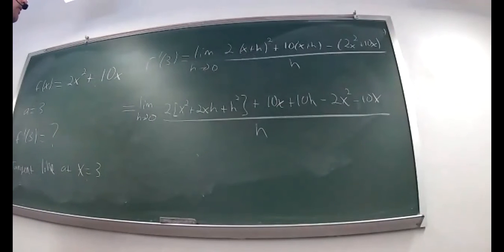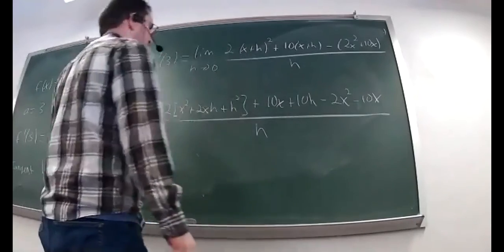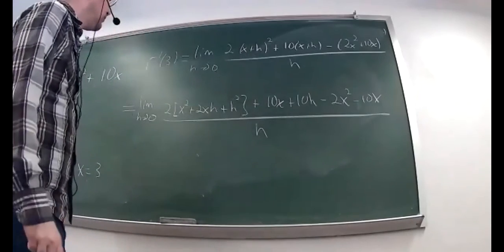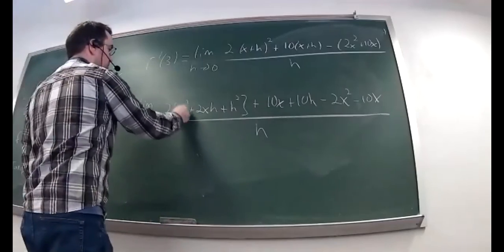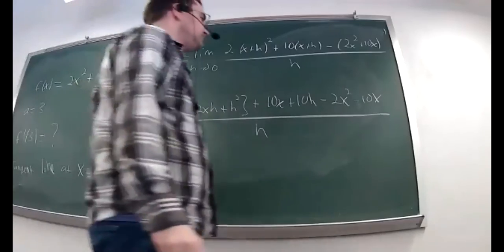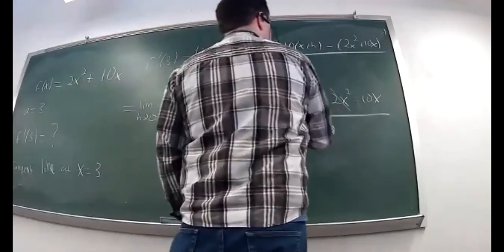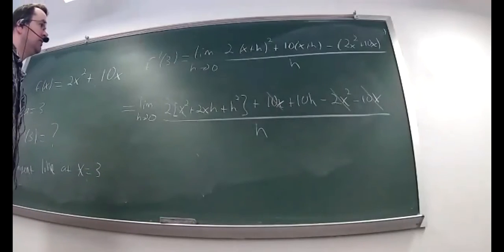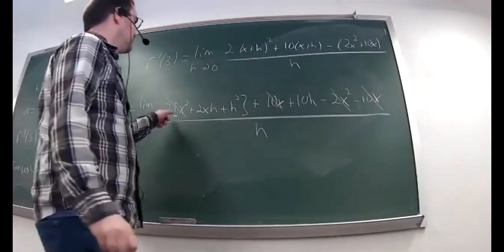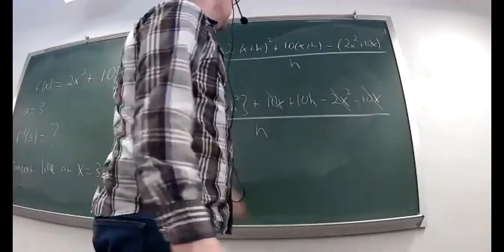So now you're hoping that terms that don't involve h will cancel themselves out in the numerator, and you'll be able to factor an h out of what's left. Looks like we're on the way to seeing that happen. Here I've got 2x squared canceling with 2x squared. Here I've got 10x canceling with 10x. And what's left? 4 times x times h plus 2h squared plus 10 times h.